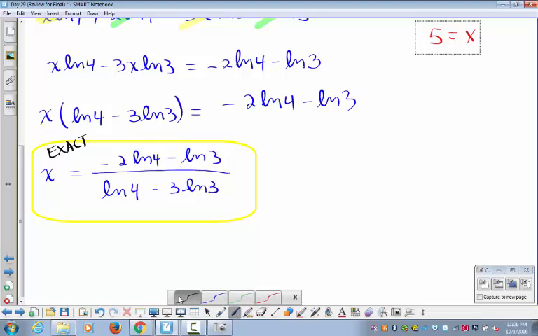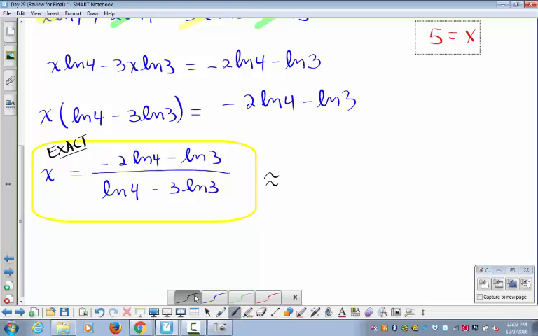Now, if you're asked for an approximate answer, let's get the approximate answer also and make sure you can type that into your calculator without making an error. So I'm going to type it in. The entire numerator has to be wrapped in parentheses, and each individual log is going to need its argument, in other words, what's inside it, wrapped in parentheses also.